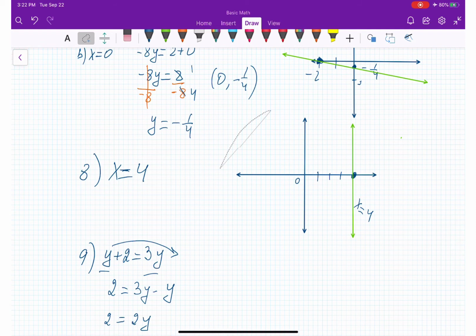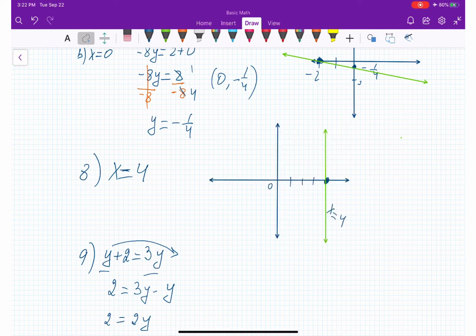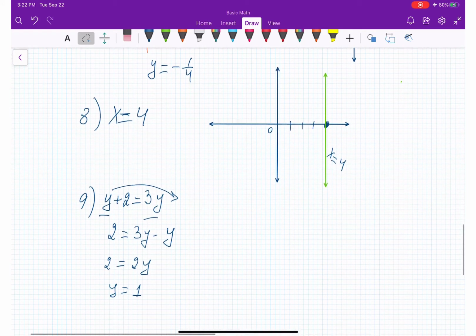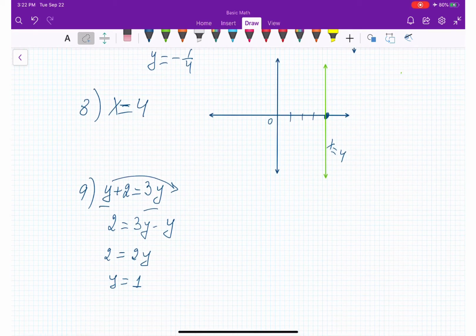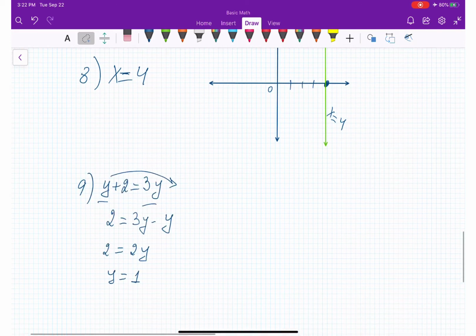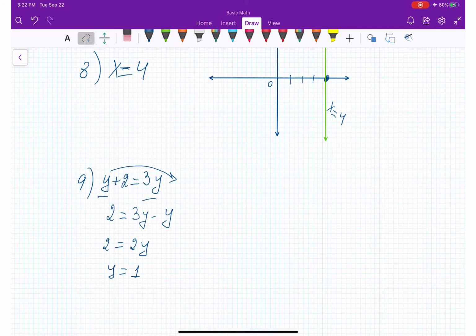Let me move this one a little bit on this side so they're not getting crowded. Okay, so what do we have here? y is equal 1.